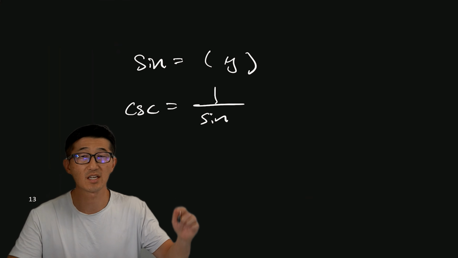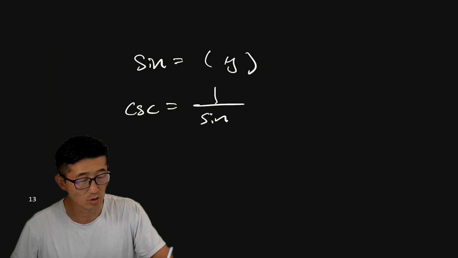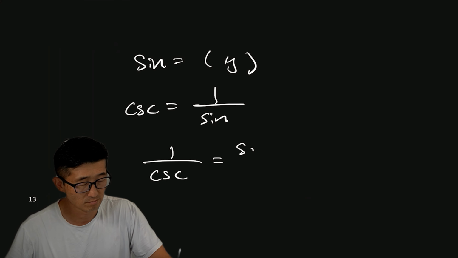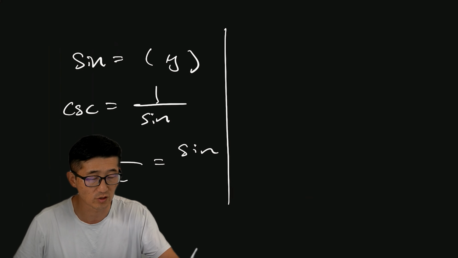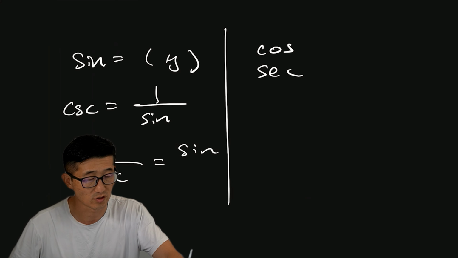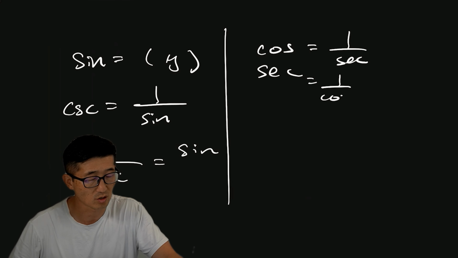So instead of writing it as 1 over sine, you could rewrite it as cosecant. If you have 1 over cosecant, you can rewrite this as sine. So sine and cosecant are reciprocals of each other. Secant and cosine are reciprocals of each other. So cosine is 1 over secant, and secant is 1 over cosine.